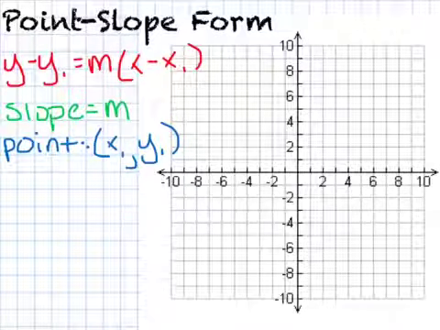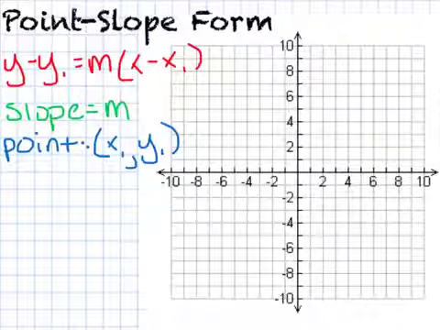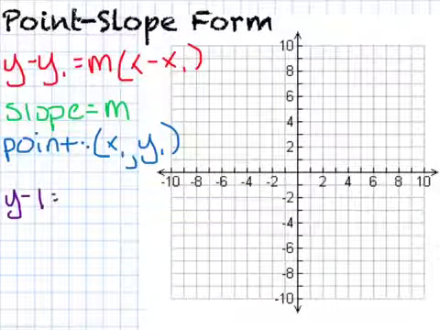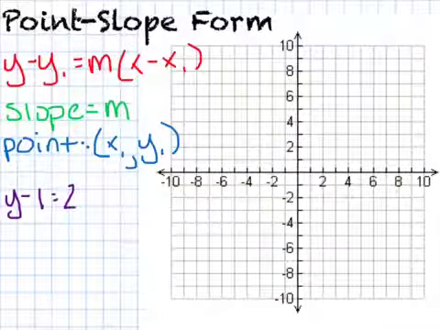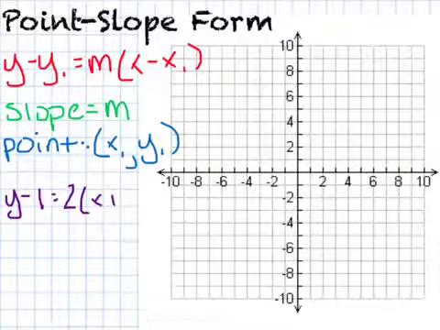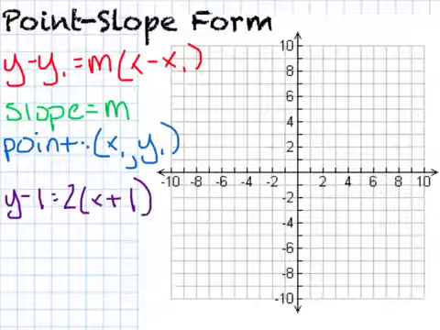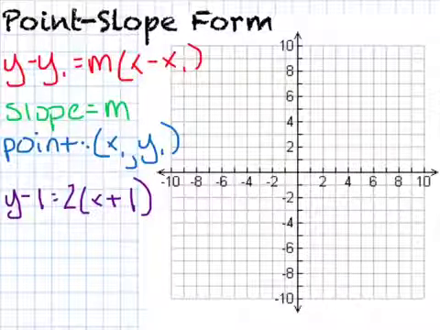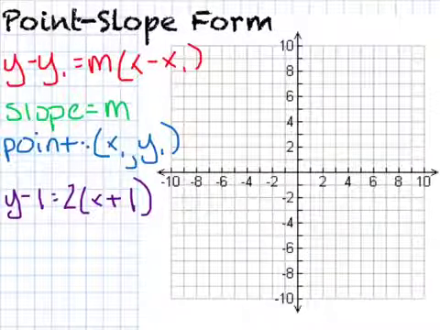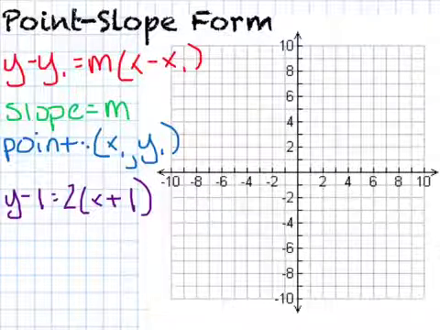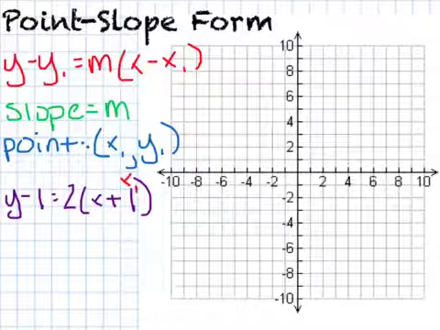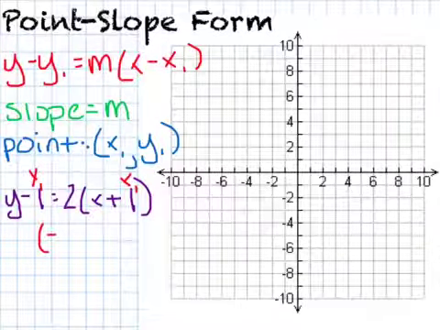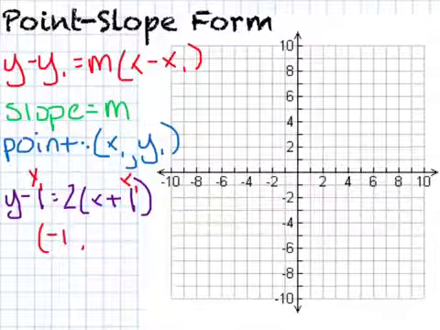So if we had the equation y minus 1 equals 2(x plus 1), we would first look for our point. Remember, we do the opposite of whatever is there. So if our x1 is here and our y1 is here, our point will be negative 1, comma, 1.